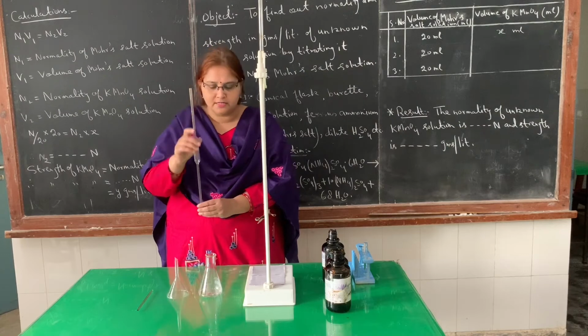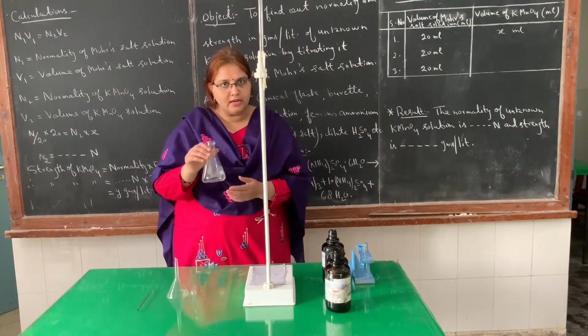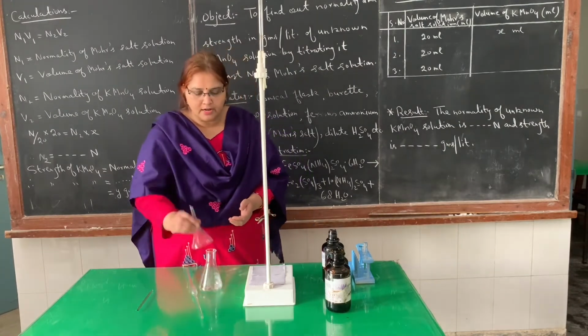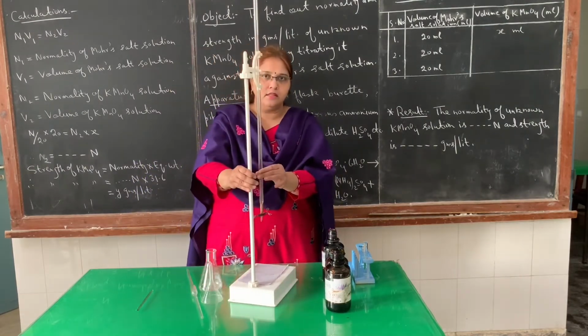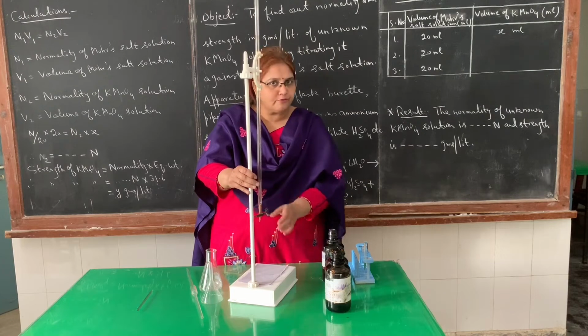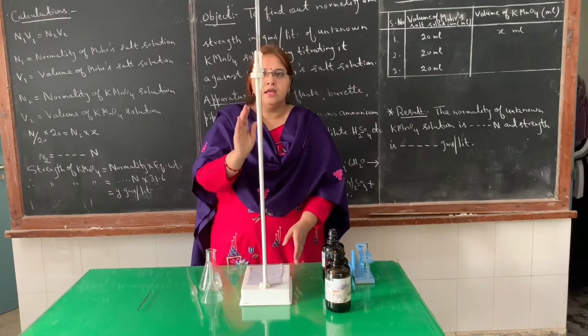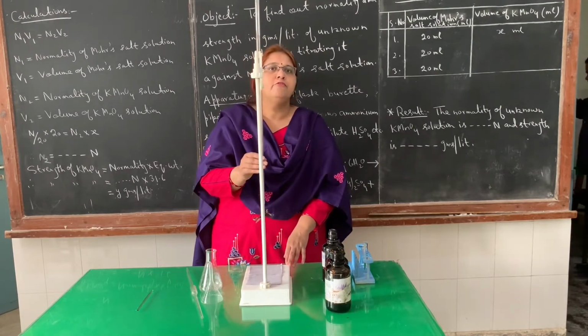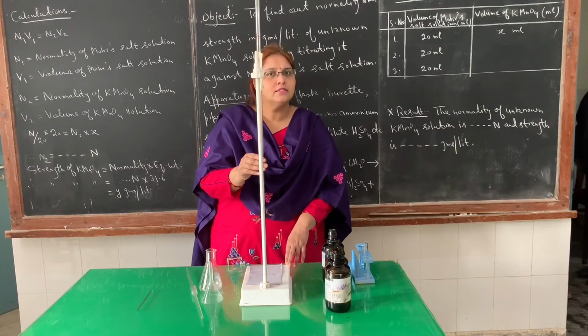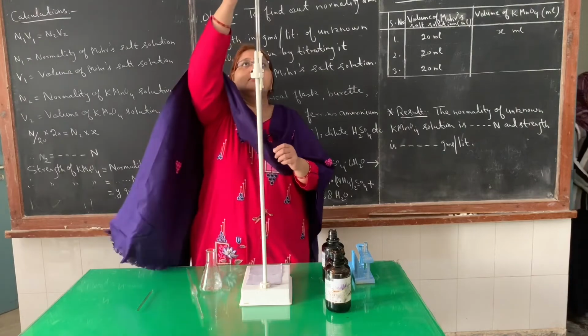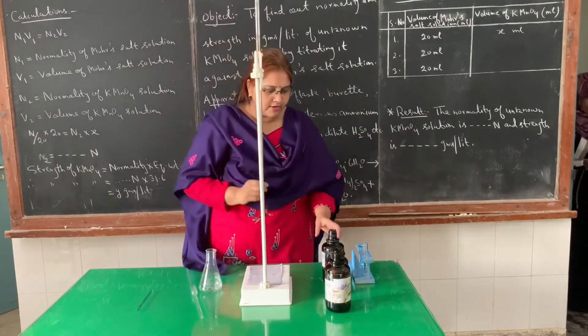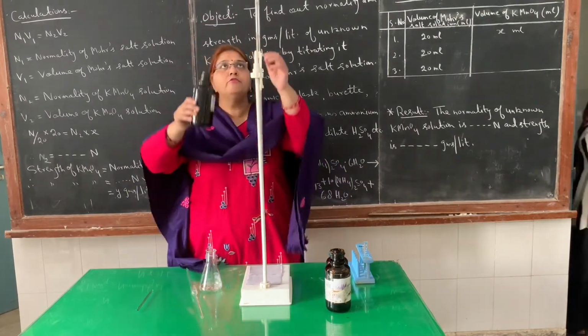This is your conical flask, funnel, and here we are using the burette. The burette is of 50 ml. In the burette, we will fill the KMnO4 solution by using a funnel.